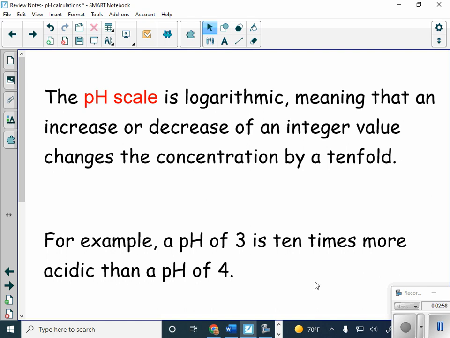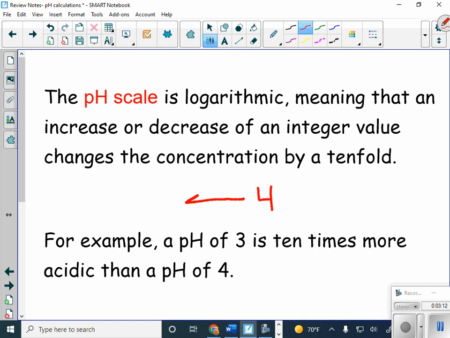Down here at the bottom, look at this. It says, for example, a pH of 3 is 10 times more acidic than that of 4. So if I have a pH of 4 and a pH of 3, even though we're normally thinking those are only one number apart, that's telling me that 3 is 10 times more acidic than 4.